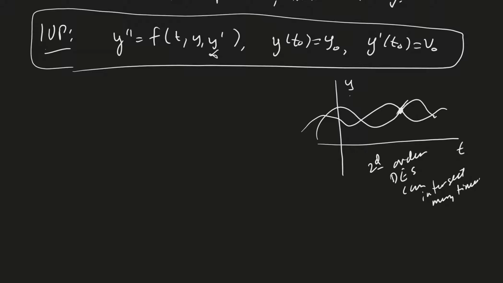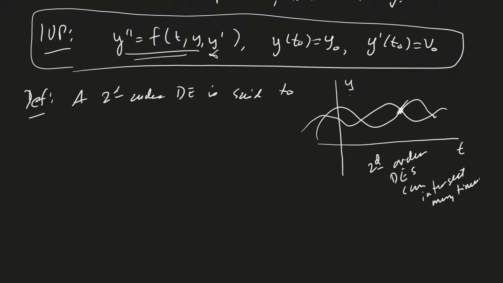All right. So let's talk about a definition. We're going to get more specific about the type of differential equation we're going to be looking at. A second order DE is said to be linear.